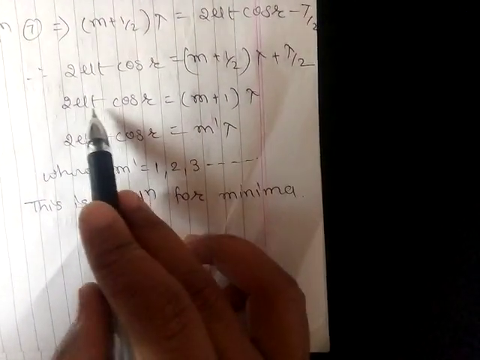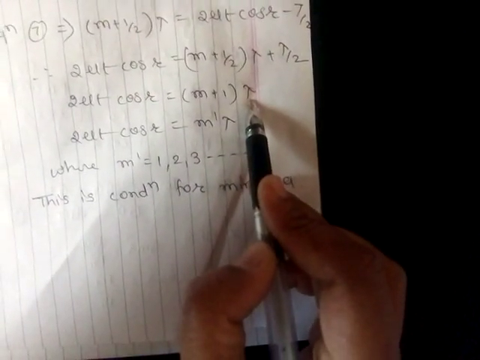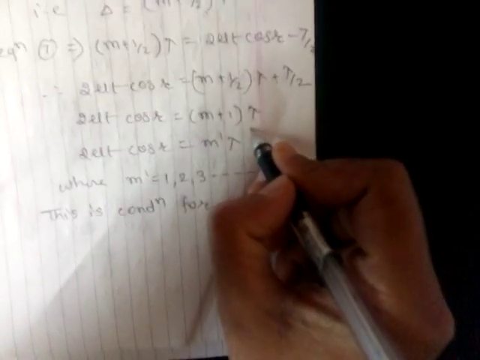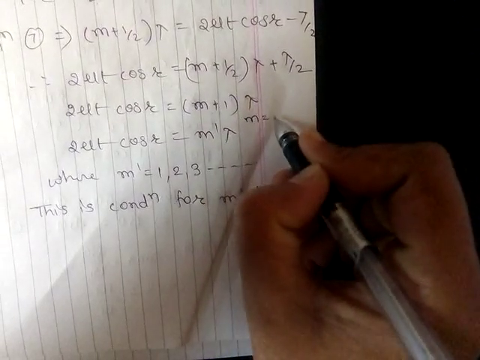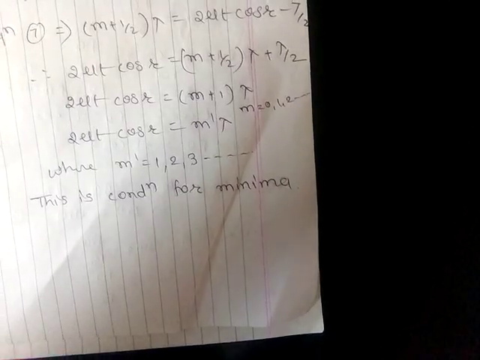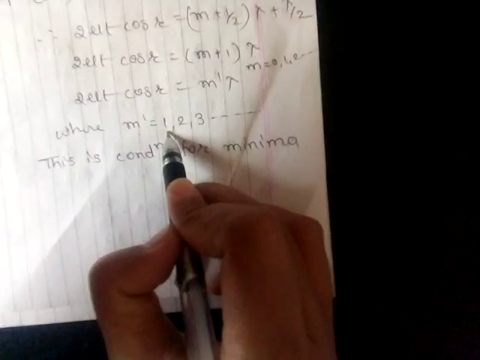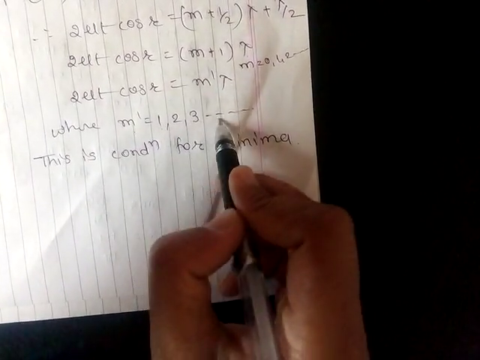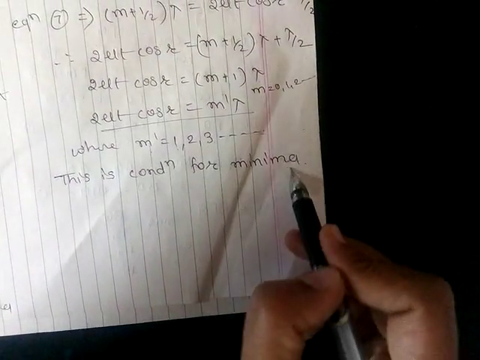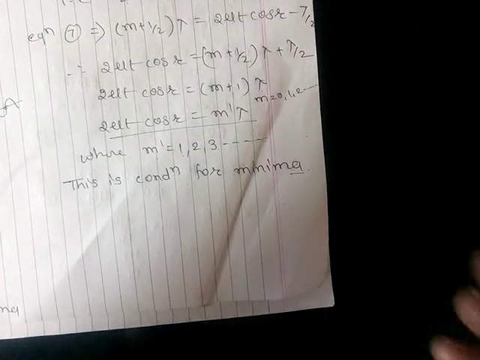After solving, we get 2 mu t cos of R equal to m plus 1 lambda. Here m is an integer where m equal to 0, 1, 2, 3, 4 and so on. Therefore m dash becomes the integers 1, 2, 3, 4 and so on. This is the condition for the minima for the thin film due to the reflected rays.